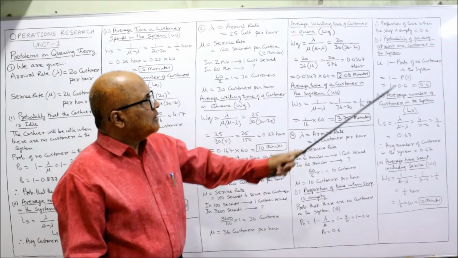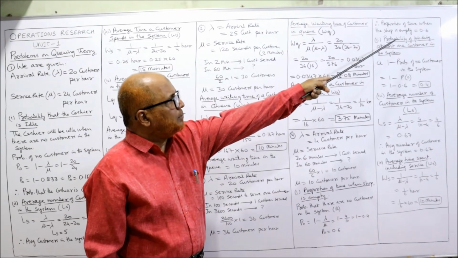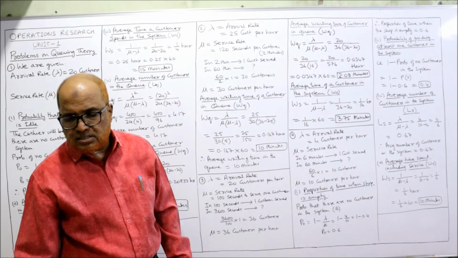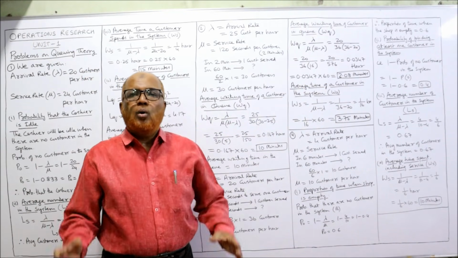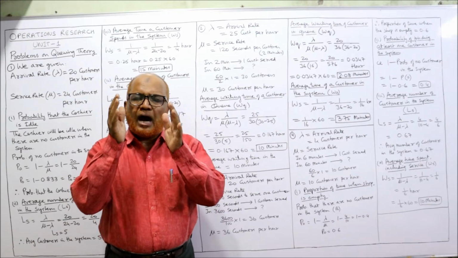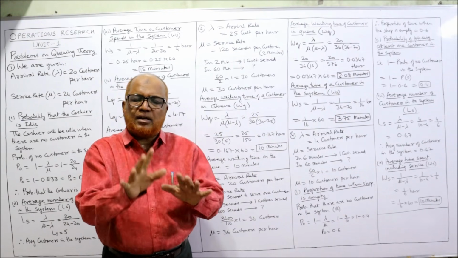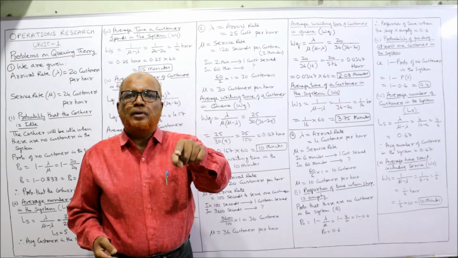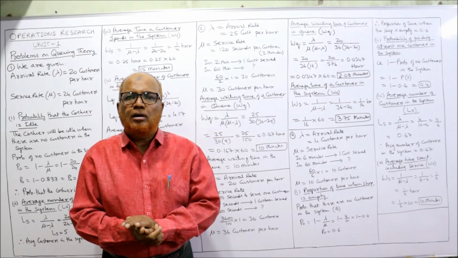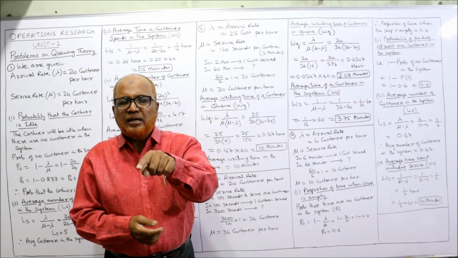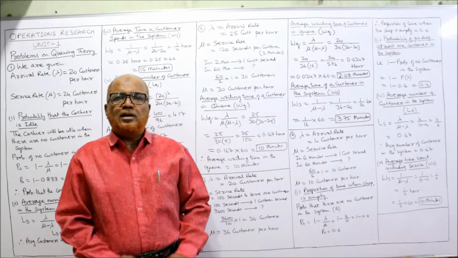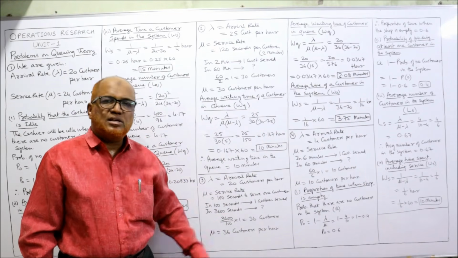Now second question. Probability of finding at least one customer in the shop. What is the probability that there should be at least, minimum one customer in the shop? Easily we can understand: 1 minus probability that there are no customers at all. What is the probability of no customers? 0.6.